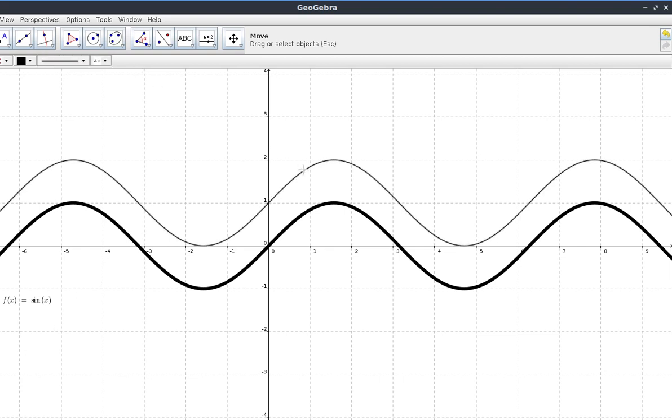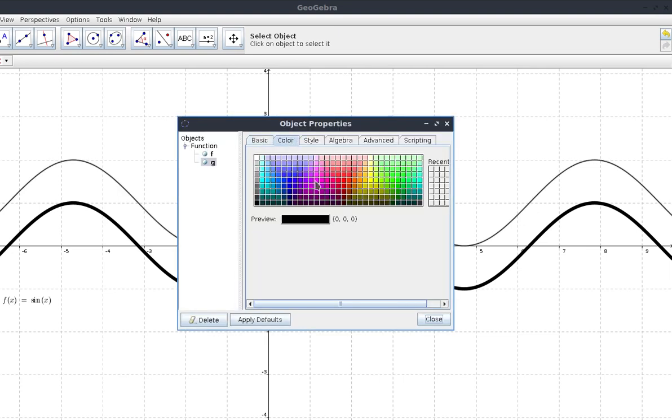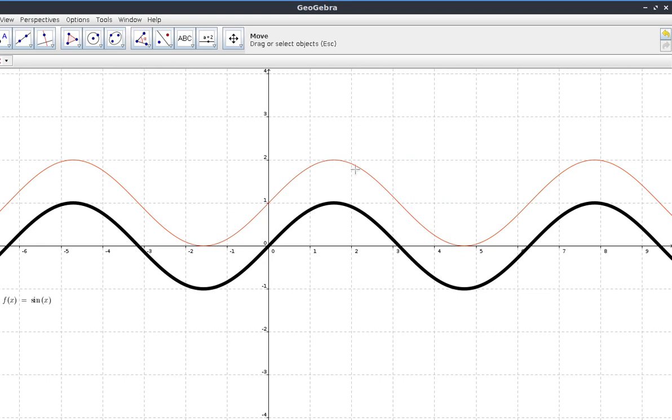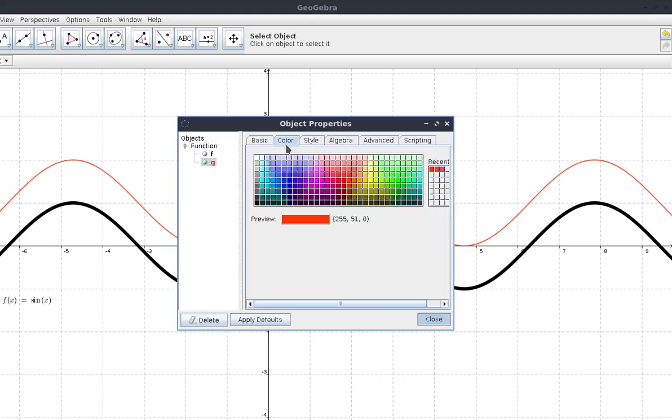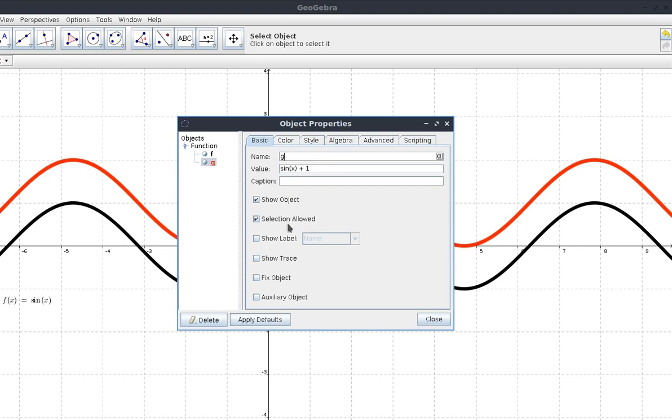I'm going to make some modifications to this new sine wave. Let's make the color of the modified sine wave red, and we want it to be thick. I want to show the formula on it as well.